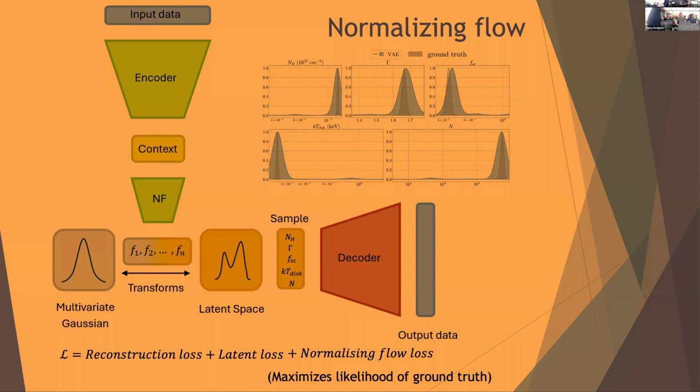Maybe one final comment I had was you spoke about that correlation between normalization and temperature. Do you have an interpretation for that? Is that an actual correlation, or a degeneracy in the model? I think it's a degeneracy, because increasing either the distance from the normalization or the temperature increases the amplitude of the spectrum.